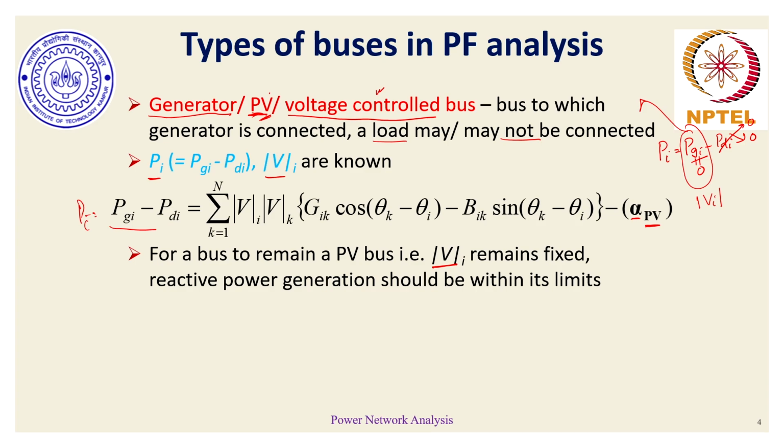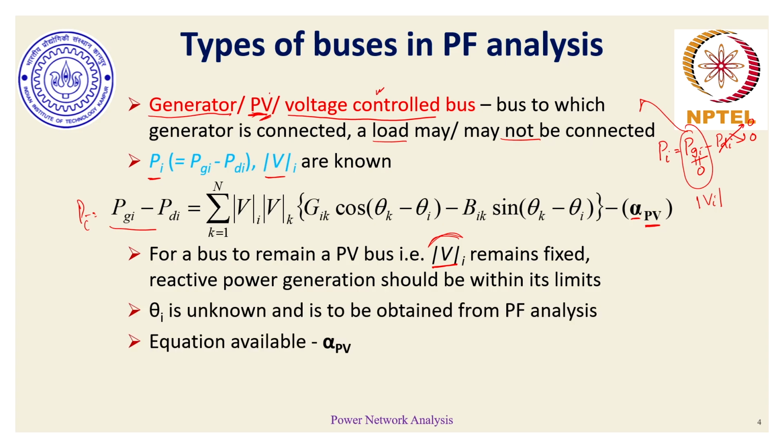If reactive power generation is within its limit as per the capability curve, the generator can still maintain a terminal voltage while regulating its internal EMF through power factor control or excitation control, and for that the reactive power limits should be within the respective min max limits as per the capability curve. In case the PV bus or generator loses its reactive power control capability, that means the capability curve boundary points have been reached, terminal voltage will no more remain a fixed quantity and it should now become a different type of bus. So we will see what that different bus is.